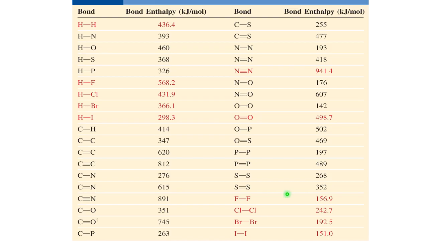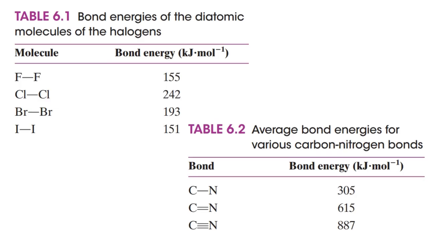This is a table showing usual bond energies or bond enthalpies, which are essentially the same for different compounds. Important bond energies are for fluorine, chlorine, bromine, iodine molecules.